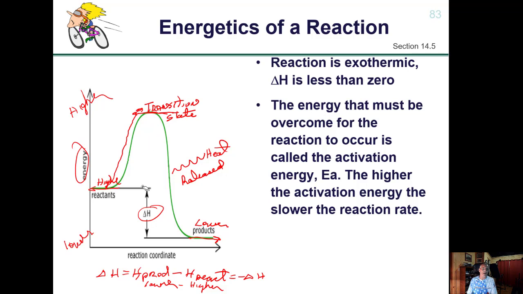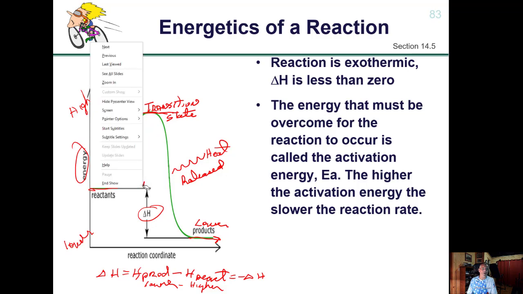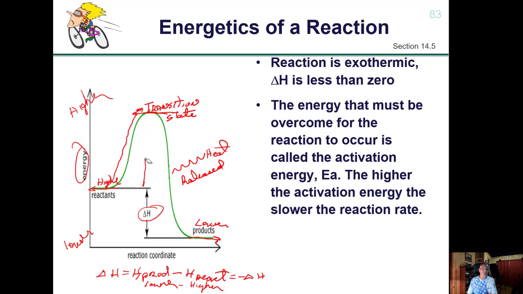And this barrier between the reactant energy and the transition state is what we call the activation energy, and we'll just call that E of A, which stands for activation energy. That is always endothermic.